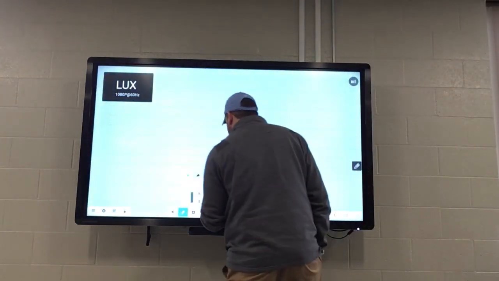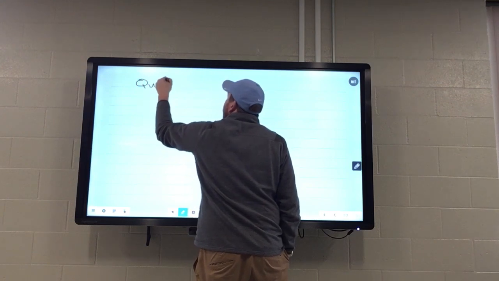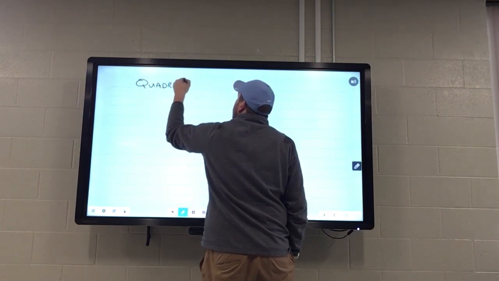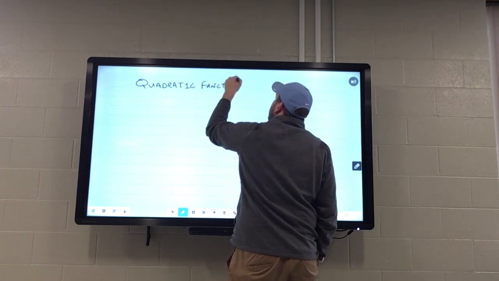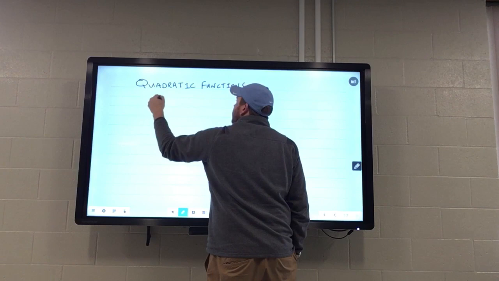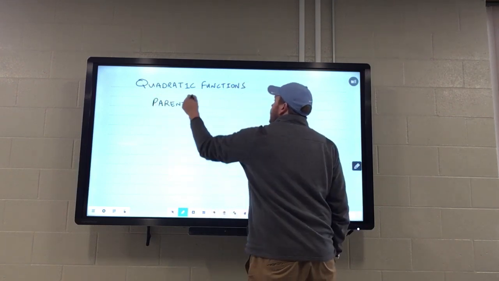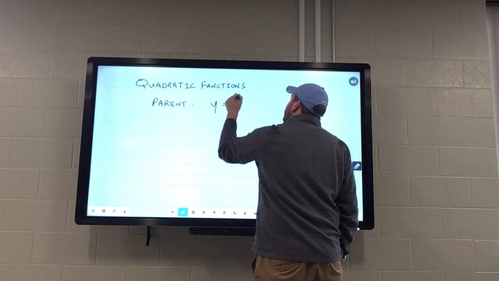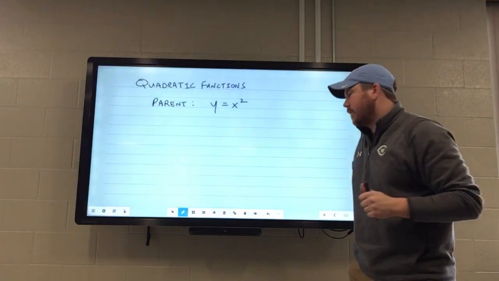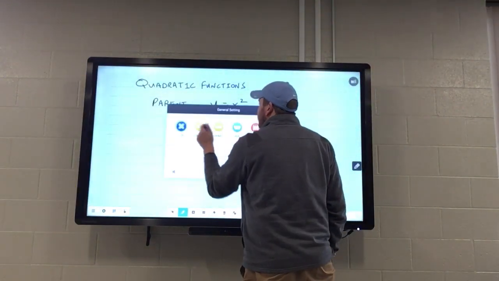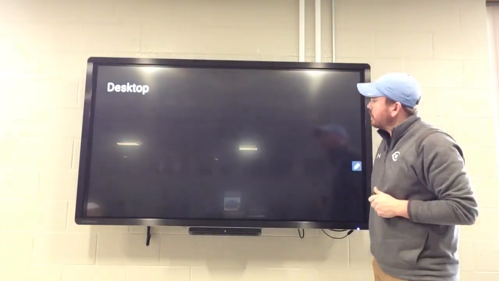So for quadratic functions, our parent function, which again is just the most simple form of whatever function we're looking at, is y is equal to x squared. All right, that's our parent function. That's what we call the parent function. What we're going to do next is we're going to use Desmos to see how we can move around that y is equal to x squared.